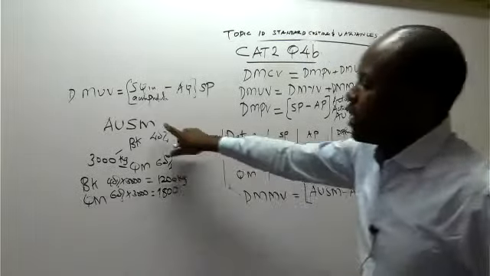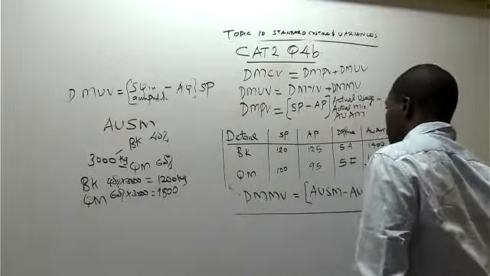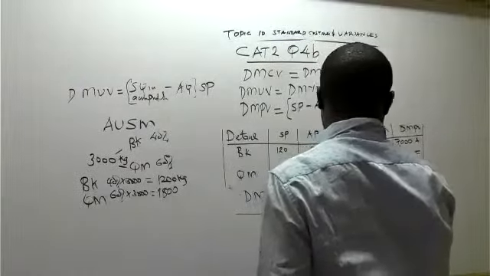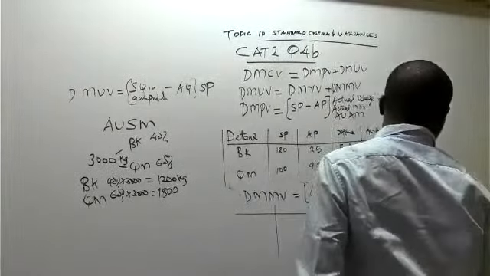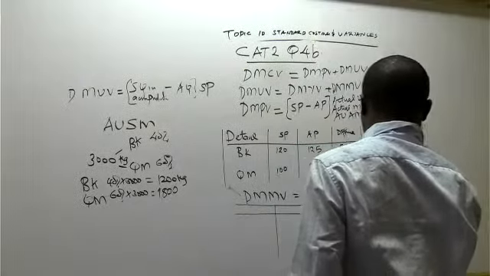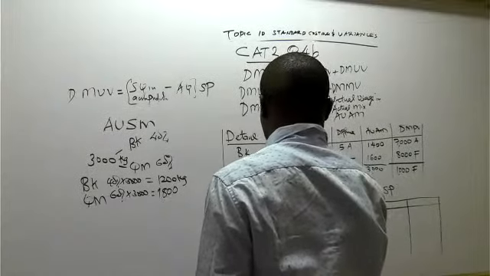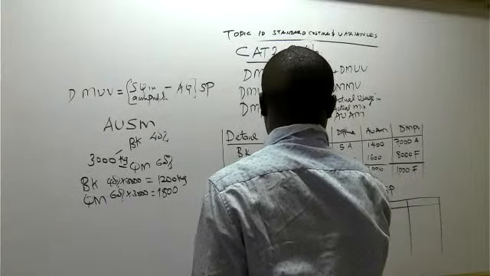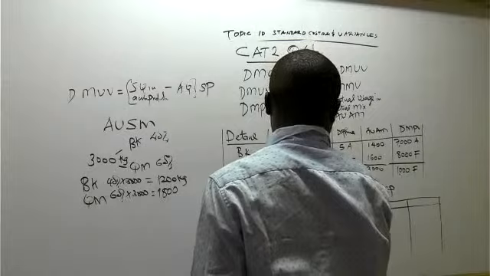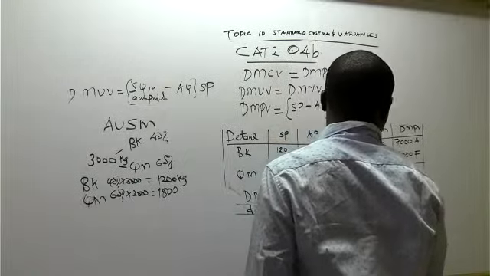So that is what we are going to do down here. And now that we've been able to identify this, it does not change so much. That is what we are going to have there. You give us the details: the actual usage in standard mix, the actual usage in actual mix, then you multiply by the standard price.